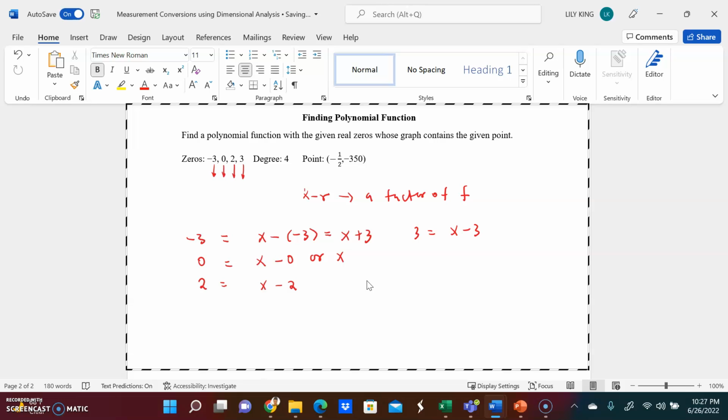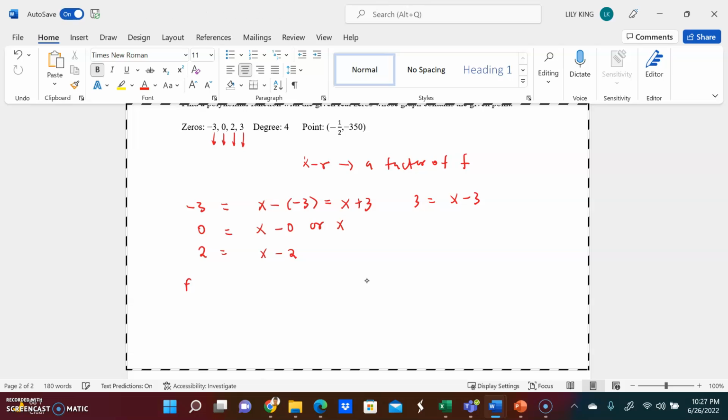So as a result, any polynomial function of the form f of x equals a times x, times x plus 3, times x minus 2, times x minus 3, where a is a non-zero real number, qualifies. We multiply the a by the factors that we found using the zeros given in the question.